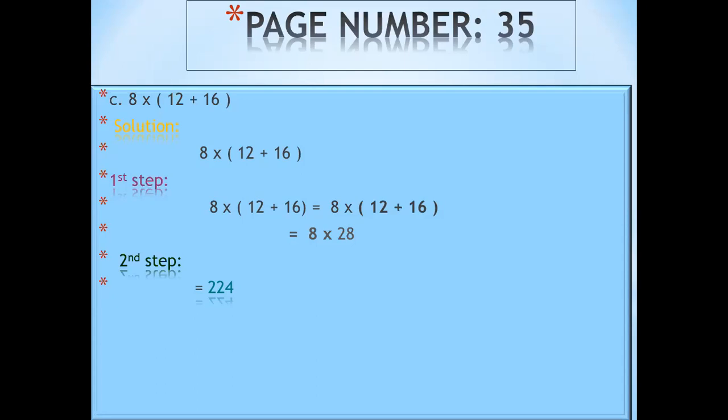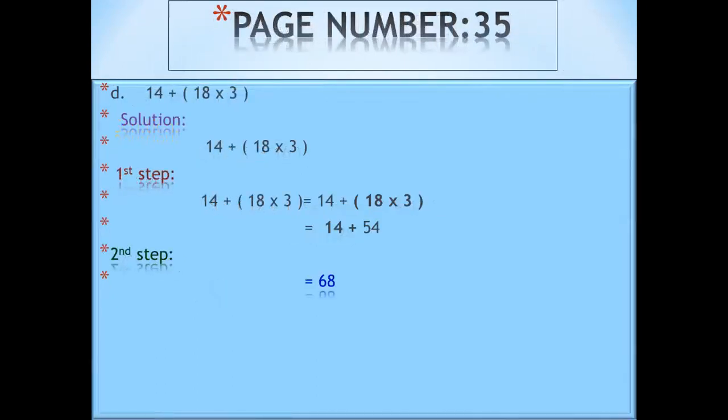The last part of this question is 14 plus 18 multiplied by 3. So what will we do? Good. First we solve the bracket. Very nice. So we multiply 18 with 3.